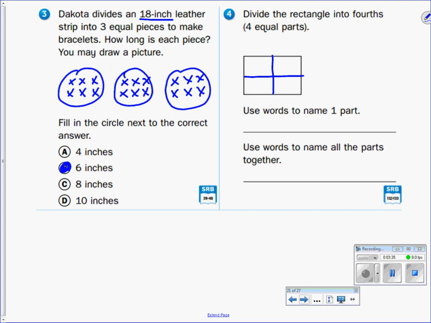Well, if I have 4 parts, I have 1 out of 4, or 1/4. Okay, and it says use words to name all the parts. So if I take all the parts, then I would have 4/4.